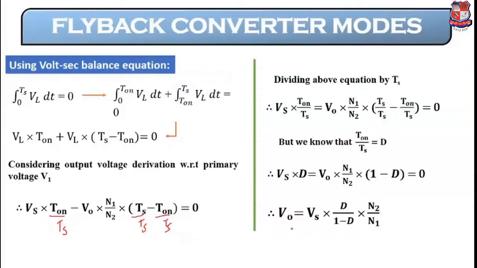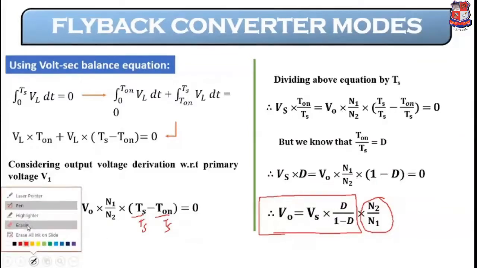If you remember, this much part of the equation is the same output equation of the buck boost converter. So, as I mentioned earlier, a buck boost converter with turns ratio, that is, with isolation, can be said to be a flyback converter. Now the same thing has been mathematically proved.